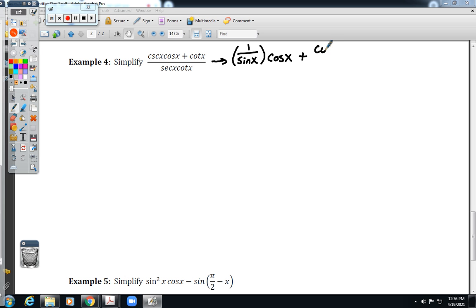We use our reciprocal identity to write cotangent in terms of cosine over sine. That's the numerator. Then in the denominator, secant is 1 over cosine, and cotangent is cosine over sine. So we rewrite everything in terms of sine and cosine.